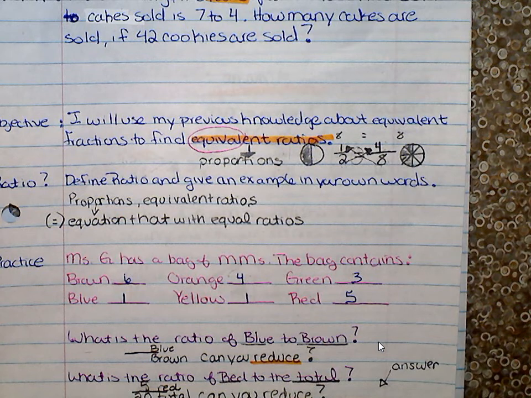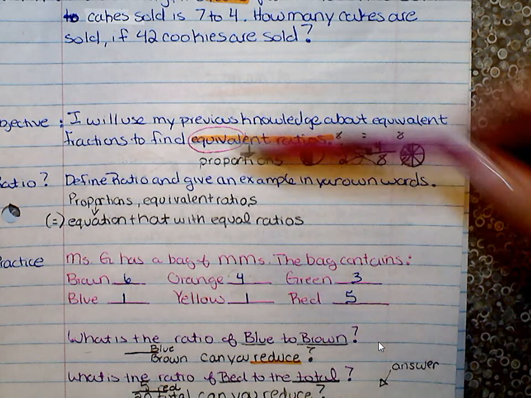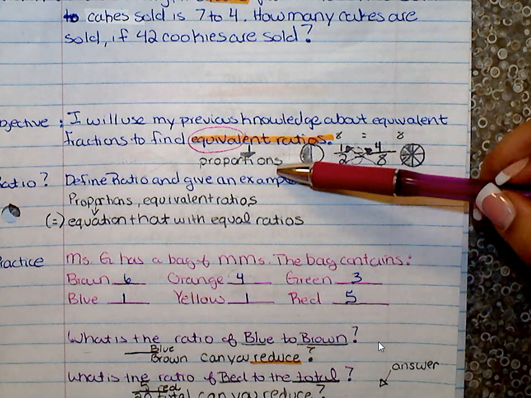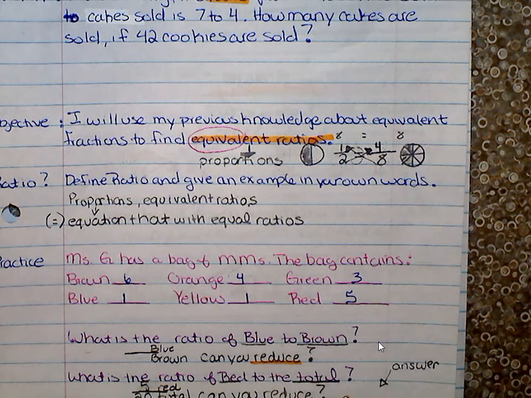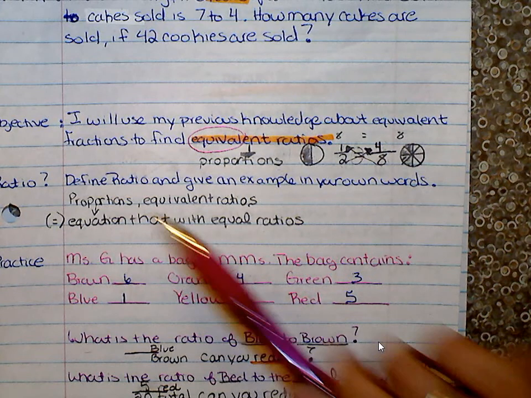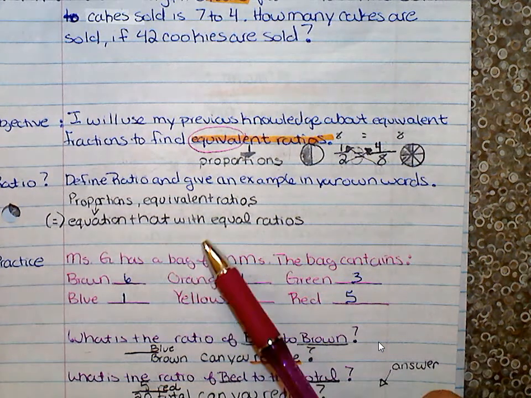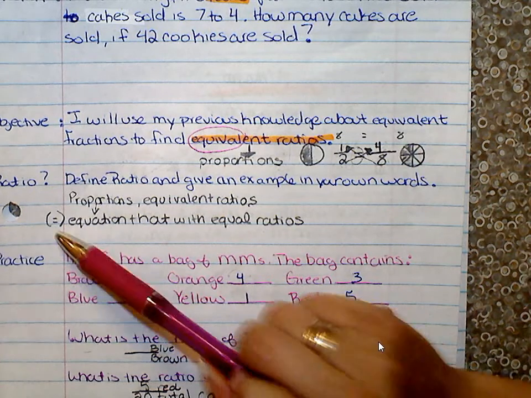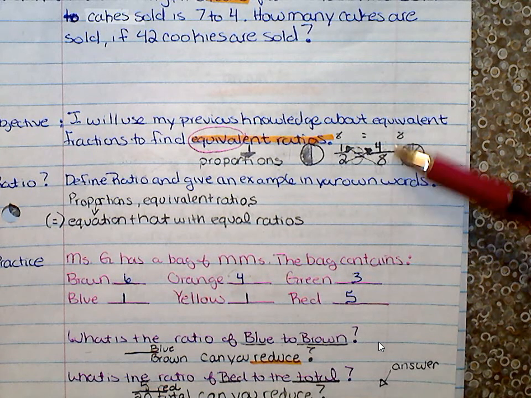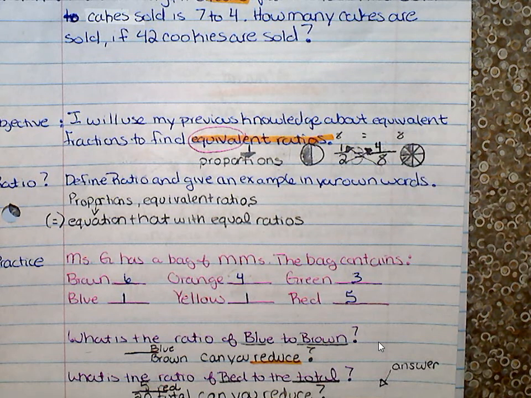And remember that we talked about equivalent ratios being proportions, because a proportion is an equation with equal ratios. And it's an equation because it has an equal sign. So right here, even though we're talking about equivalent ratios, we're still talking about proportions.